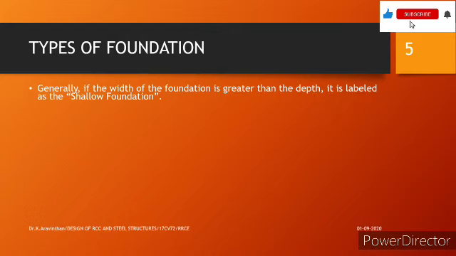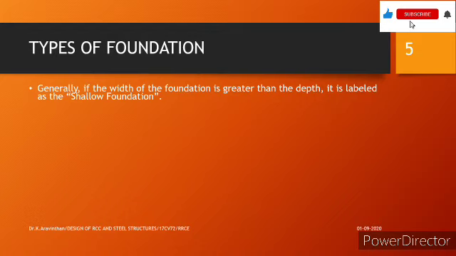What are the different types of foundation? Generally there are two types, that are shallow foundation and deep foundation. In definition, if the width of the foundation is greater than the depth, definitely your footing will be having some width, that is breadth.